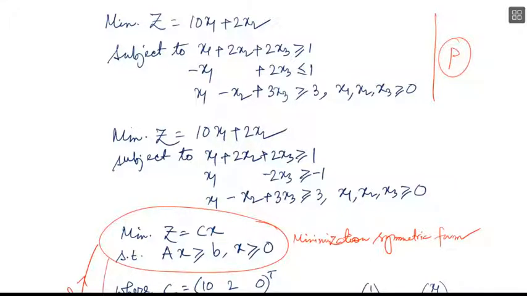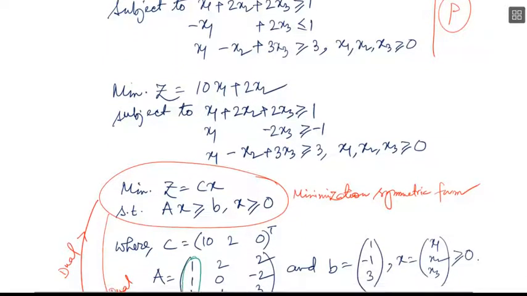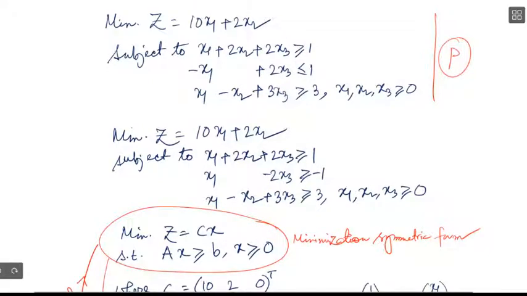And one thing we have to follow, that the objective function of the primal problem is minimization type, so we have to convert it to maximization type by multiplying the objective function by -1, and thus we have the primal problem.